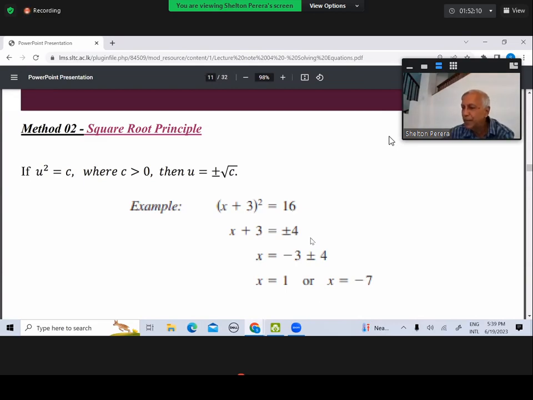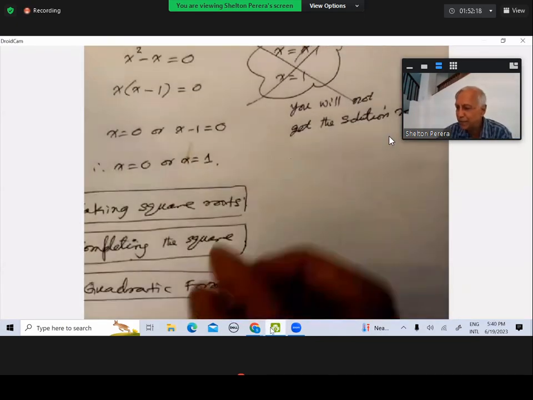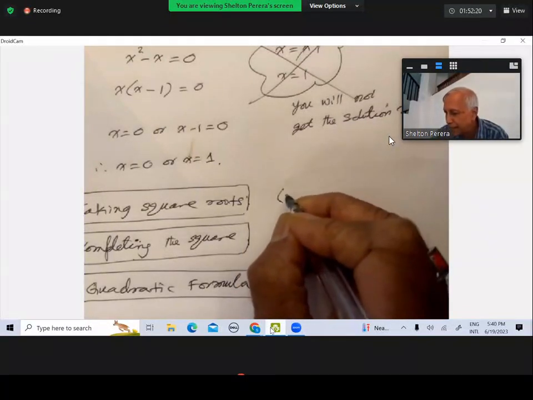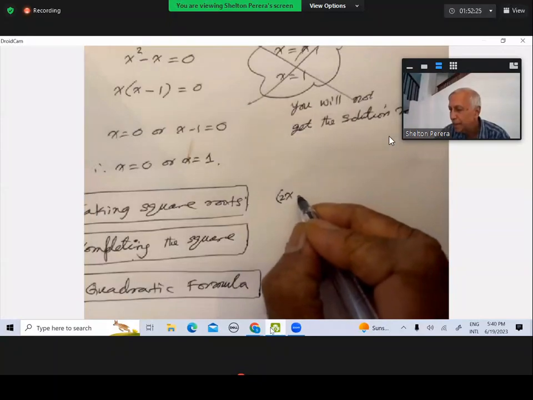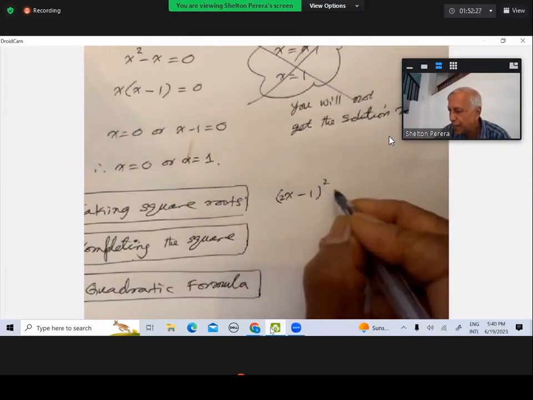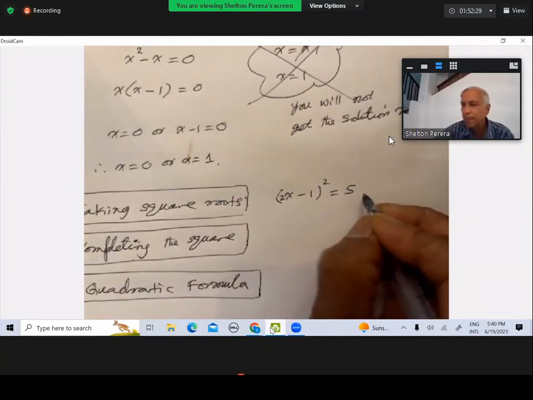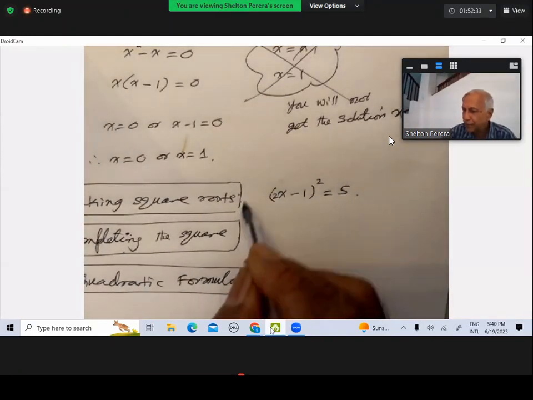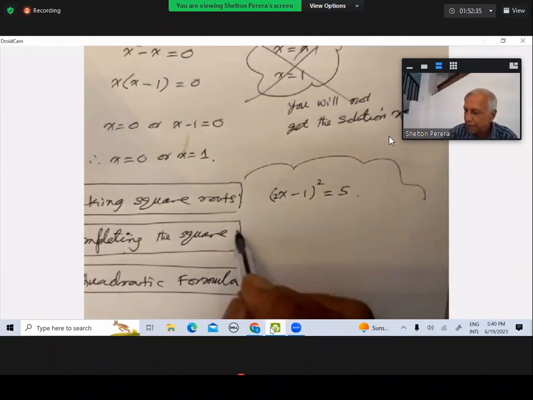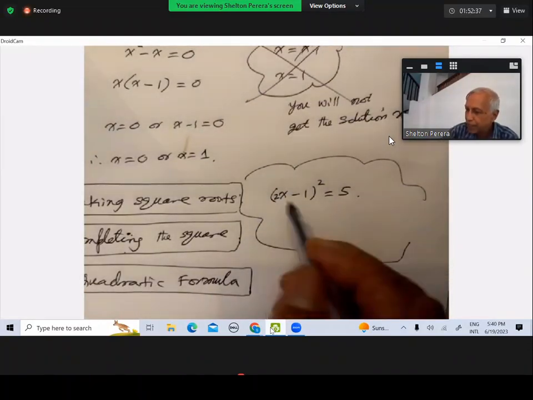So just to show you a slightly more interesting problem on taking square roots, let us try 2x minus 1 squared equals 5. Taking the square roots method. So take the square root.